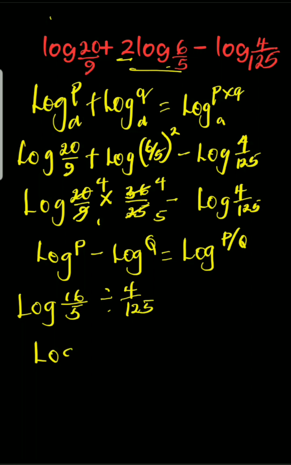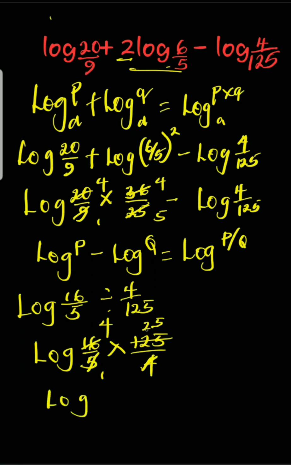And so this is log 16 over 5. Changing this to multiplication, you invert the next fraction, 125 over 4. And so we need to simplify this further. 4 into 16, that is 4. 5 into 125, that is 25. And so what we have left is log 4 times 25, 100.